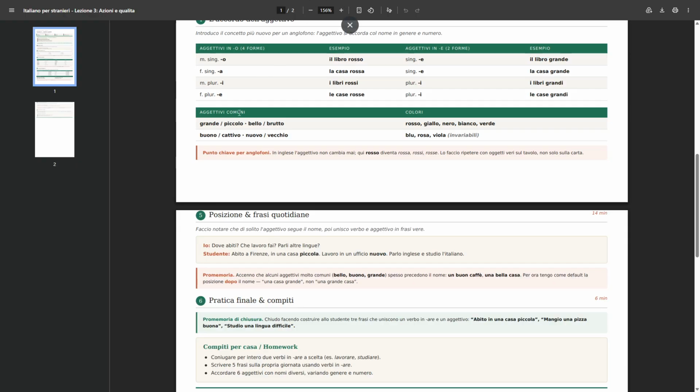And then we have some common adjectives that you can find everywhere in spoken Italian and also in written Italian. So we have grande, big, and piccolo, small. Then bello, beautiful, brutto, ugly. Then buono, good, cattivo, bad, or even evil. Nuovo, new, and vecchio, old.